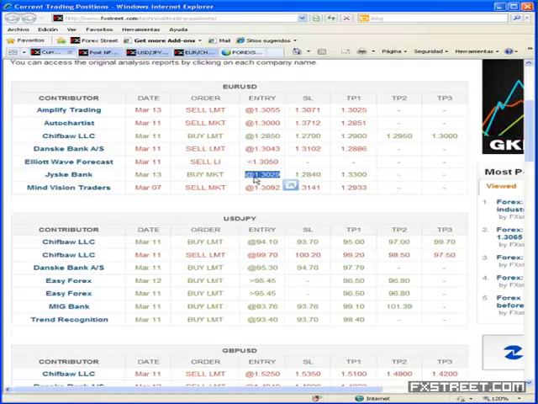Obviously, all the contributors appearing here are contributors that have to pass a certain criteria to be able to post on FX Street. So there is some kind of due diligence done upon these companies. They do have a track record, and they do have credentials that make them serious in their work.